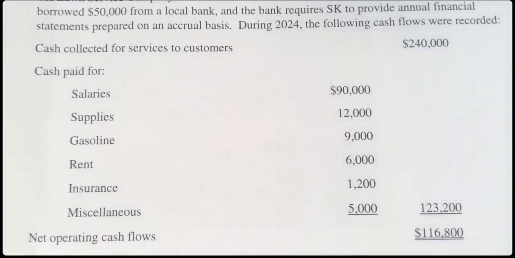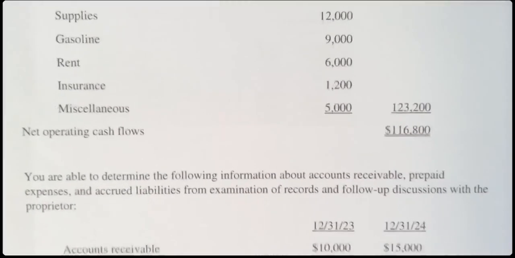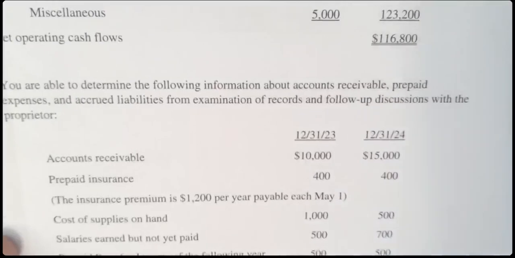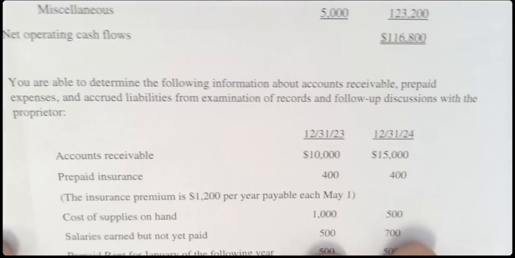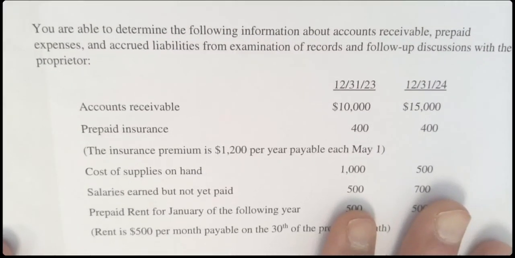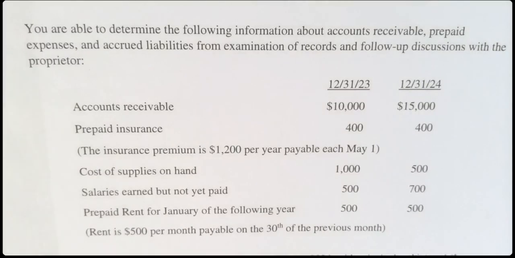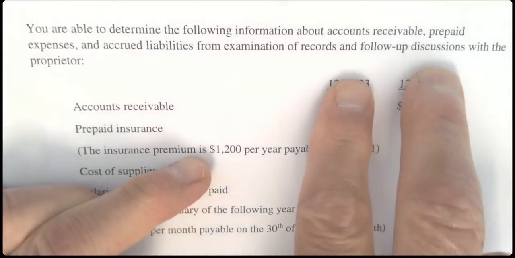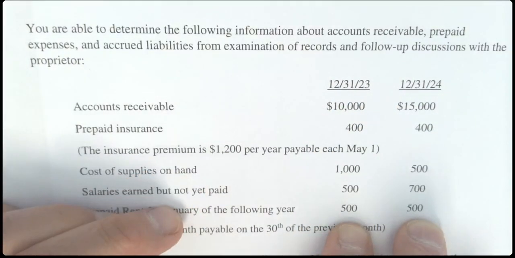Now, if you go on to read further, you are able to determine the following information about accounts receivable, prepaid expenses, accrued liabilities, and any other relevant accounts from examinations of records and follow-up discussions with the proprietor. And so what we have here is the balances you determined at the end of the last 2 years.